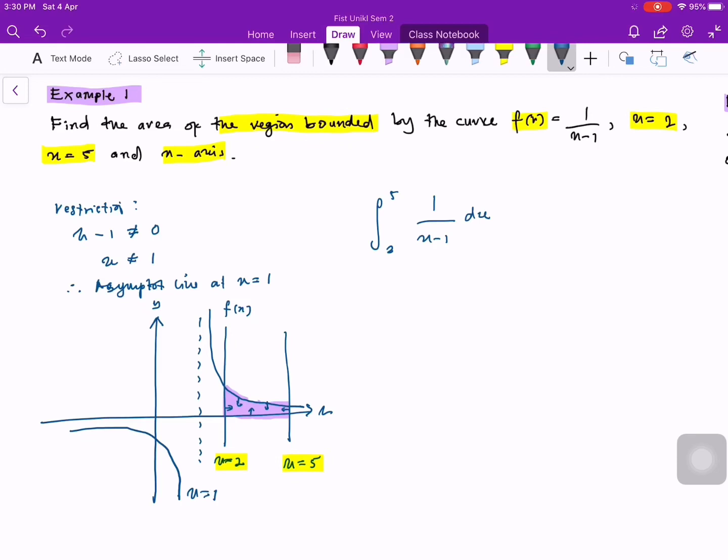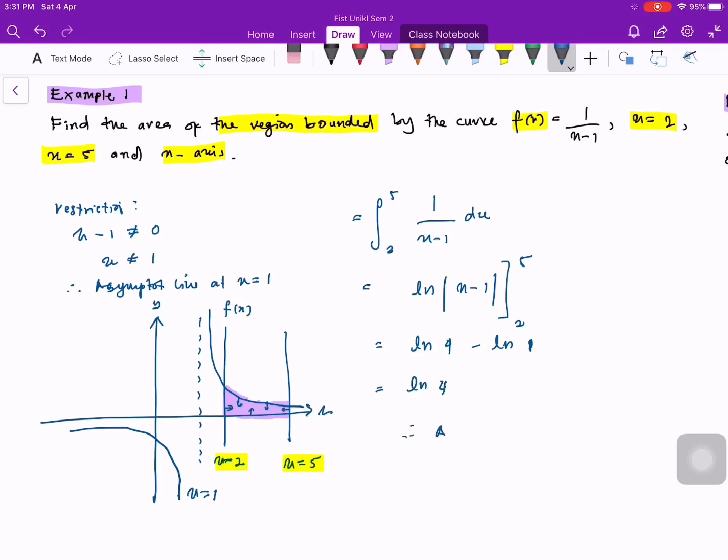Since it is 1 over x minus 1, we are going to have ln absolute value of x minus 1, with limits from 2 to 5. Then we substitute the limits: ln 4 minus ln 1. We know that ln 1 is actually 0. Therefore, our final answer is ln 4.